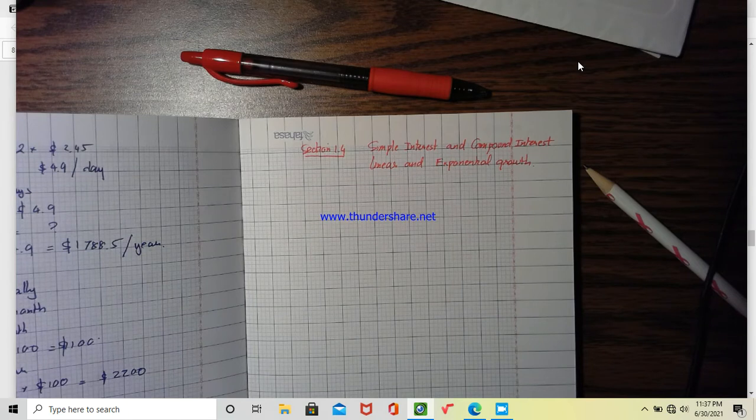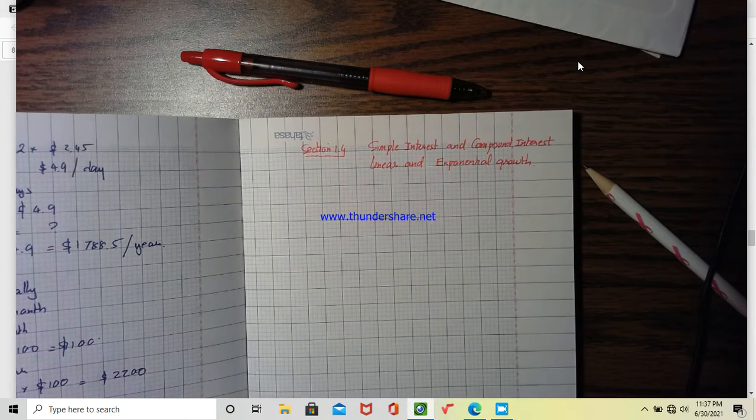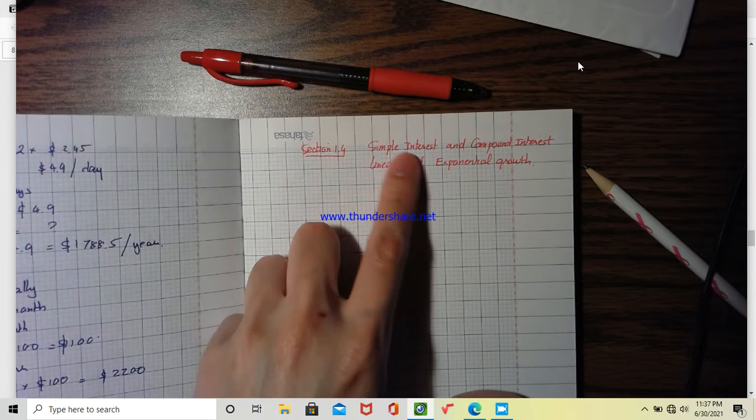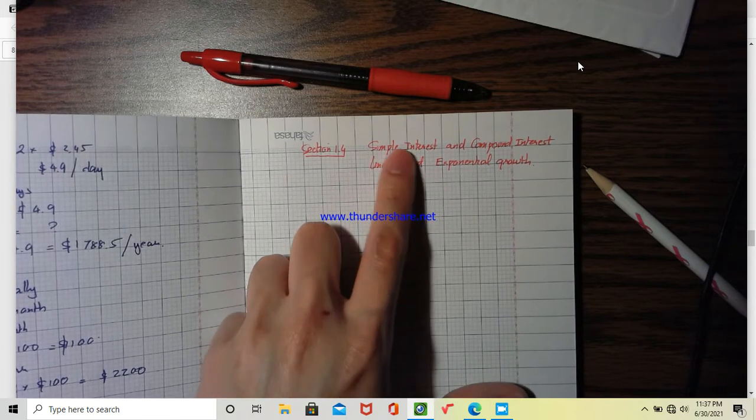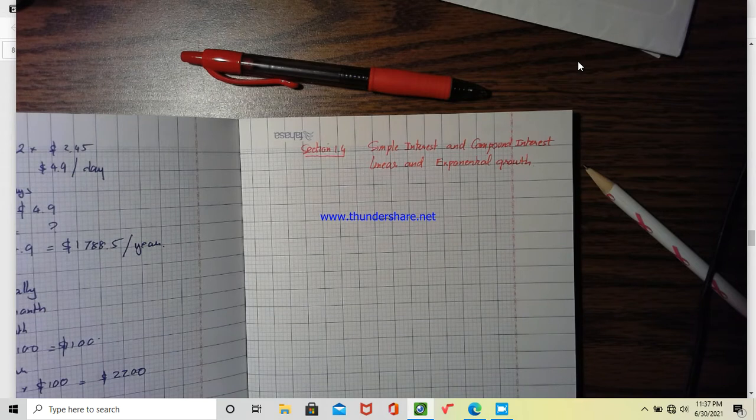It's probably for something else, a money market account or another type of account. But most banks use simple interest because they don't want you to make a lot of money. They want to make their own money. So most of the time, when you open a saving account, that is simple interest, not compound interest.